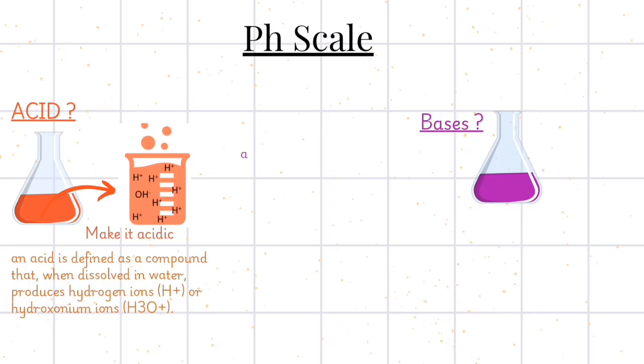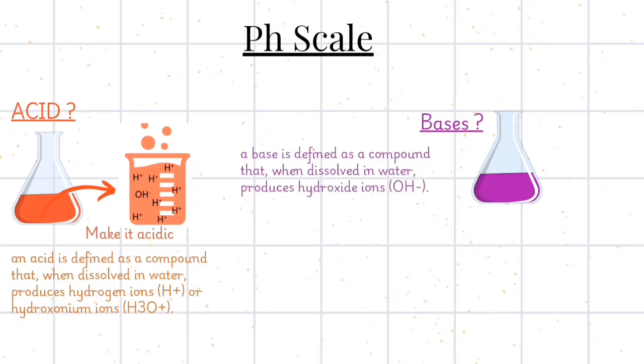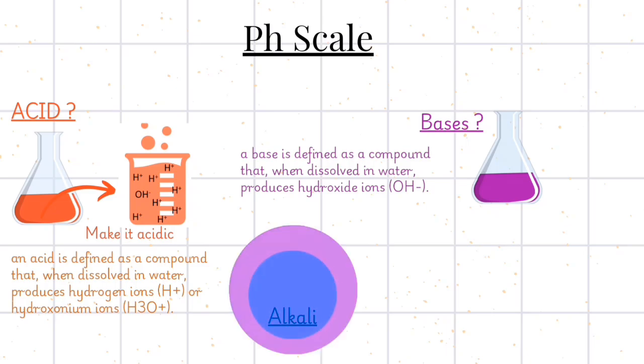On the other side of the scale, we have bases, which we can define as a compound that when we dissolve a base in water, it will produce hydroxide ions. The chemical formula of the hydroxide ion is OH-. Meanwhile, alkali, which we mentioned before, is actually a subgroup of bases that are soluble in water.